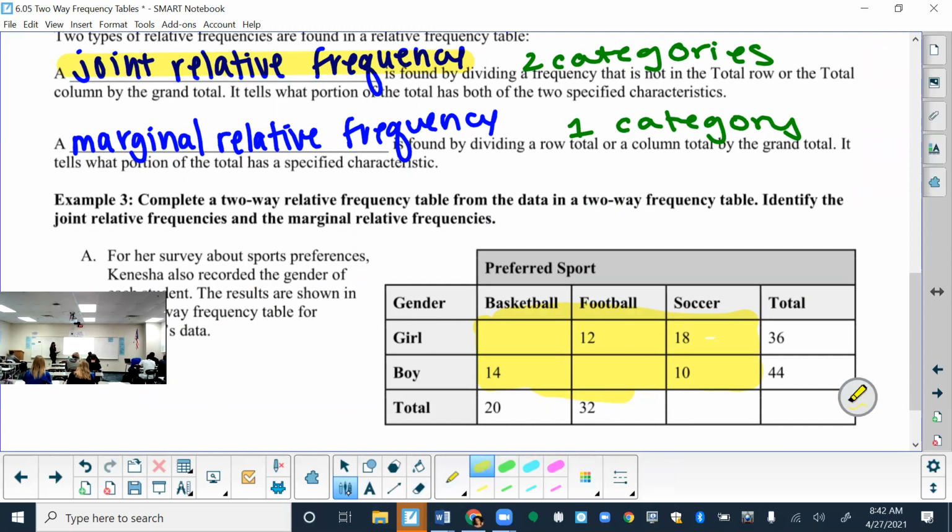Marginal is anywhere that's in the margins, is what I call it. So it's one category. Marginal will be in green, anywhere that is just one category, so in the margins. And I don't include the grand total because that's not really either.